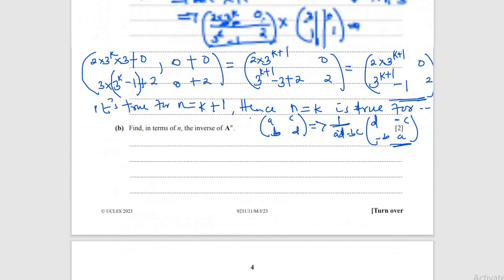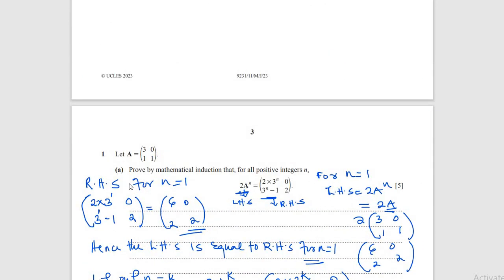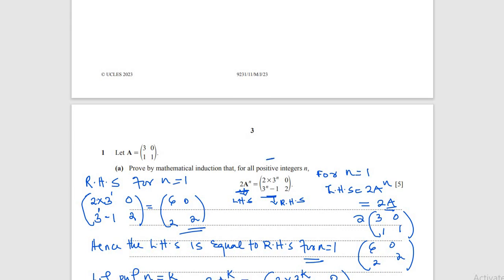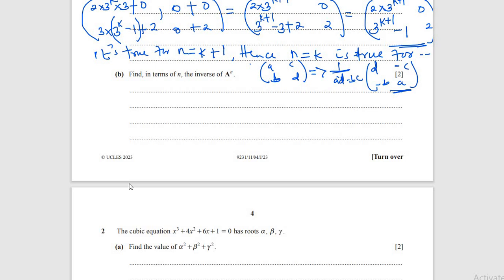From the previous question, we are given 2A raised to the power n. So if 2A raised to the power n is that, it means that A raised to the power n will be half into the bracket 2 times 3 raised to the power n, 3 raised to the power n minus 1, 0, 2.